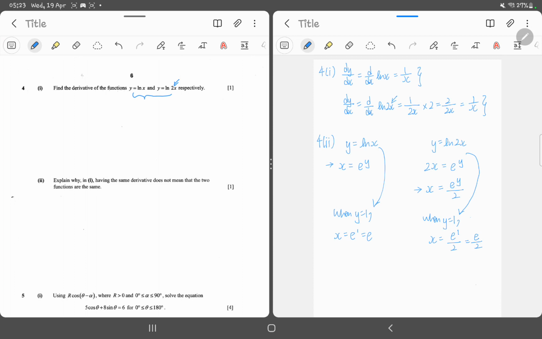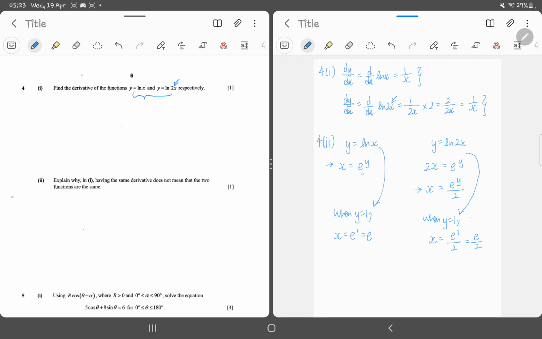Okay, so you can clearly see that the two functions are not the same, just by this example alone. They have different points when y equals 1. Here when y equals 1, x is equal to e. Here when y equals 1, x is equal to e over 2.